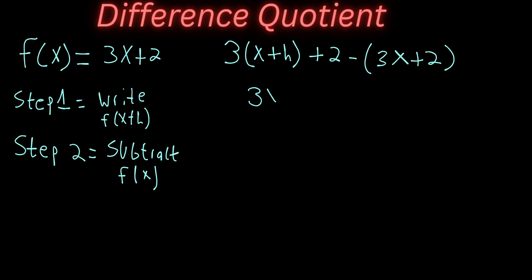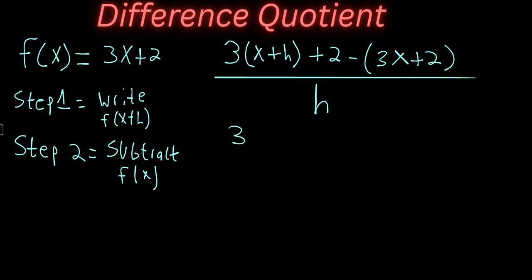And sorry, there's a critical point here when we're doing a difference quotient, and that's to remember that we are dividing by h. Okay, we're dividing by h. So let's distribute the things outside the parentheses and then divide by h.